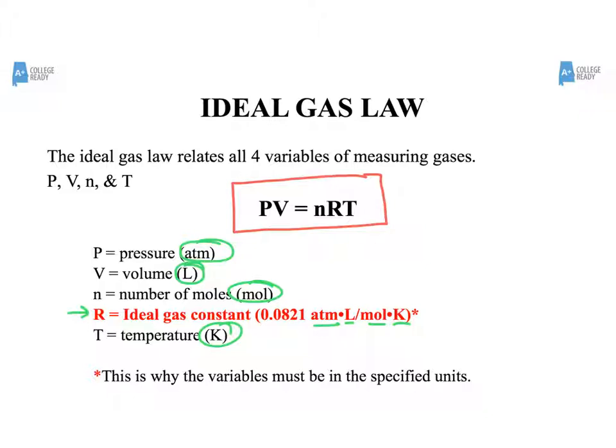If your pressure's not in atm, your volume's not in liters, or your temperature's not in Kelvin, you need to convert into those units so that you can use this R constant and do your ideal gas law questions correctly.